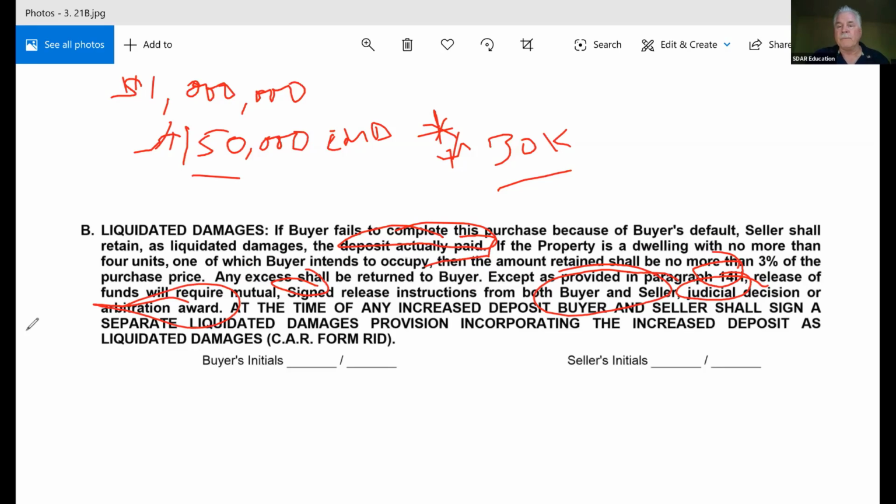So in other words, even though we agree that the seller gets to retain 3%, if that's what everybody agrees to, and then the buyer says, no, I'm not going to do it, even though you're in the middle of the transaction, the buyer defaults, buyer gets out, buyer doesn't have a contingency or whatever. Even if the buyer has a contingency, it doesn't automatically go to the buyer.